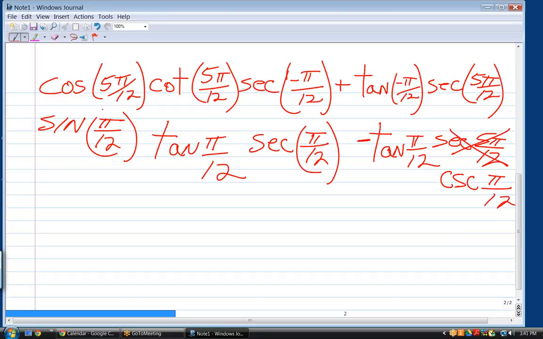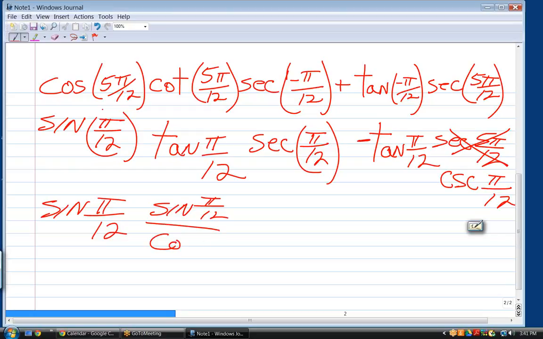Now we can use our identities to come up with an answer. Let's put everything in terms of sine and cosine. So sine of pi over 12, what does this become? Sine pi over 12 over cosine pi over 12. Secant? 1 over cosine pi over 12.